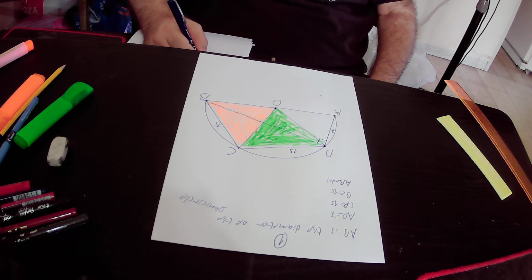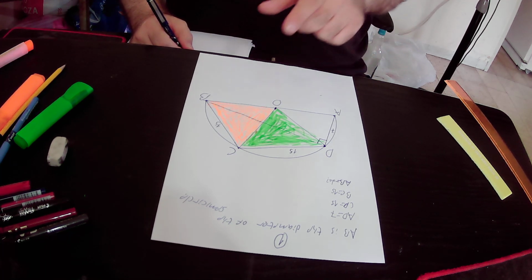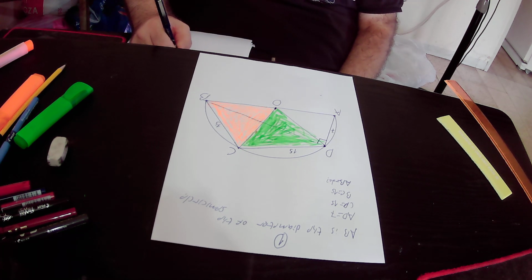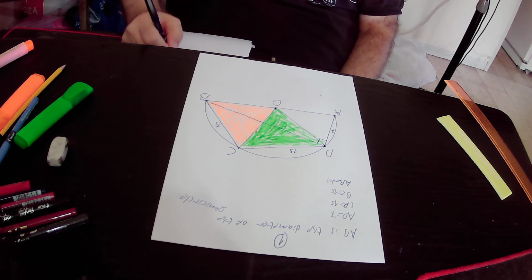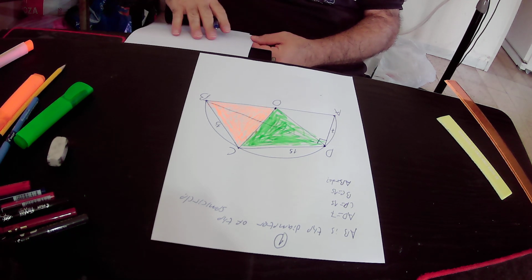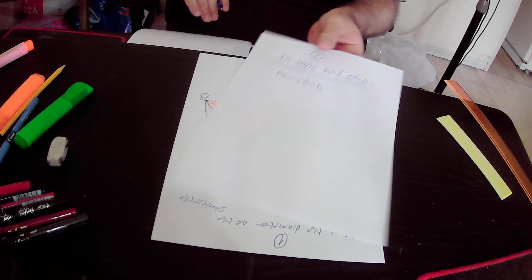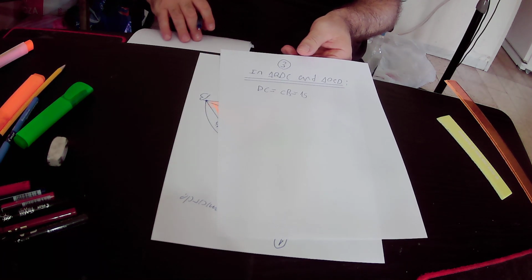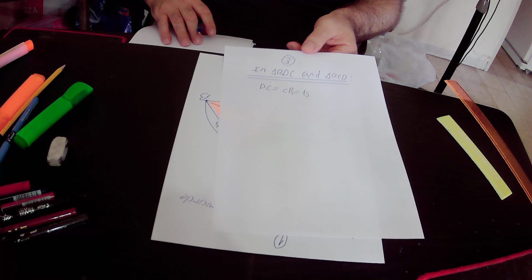So side DC of the green triangle equals side CB of the orange triangle. Both those two sides are equal to 15 units. Okay, side DC equals side CB equals 15 units.